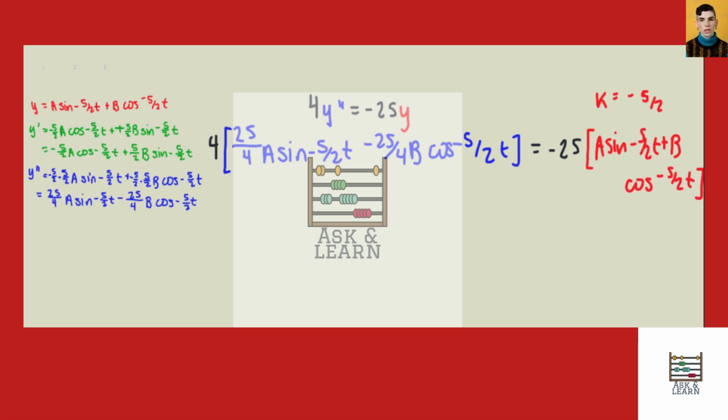So now all we have to do is simplify by distributing. So we'll have this here, is equal to negative 25, and distribute that into our right-hand side.